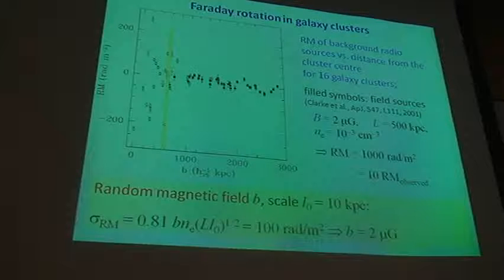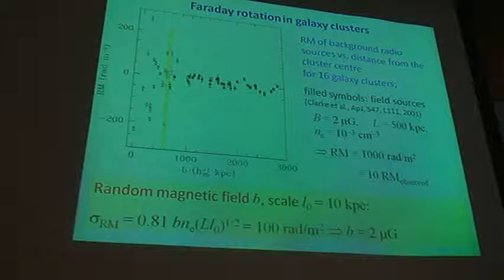Then, to calculate the expected RM, in fact, we should use again the formula we derived before. Or we can perhaps write this formula in a different way. So, sigma RM will be equal to this typical value of RM, this 1,000, RM naught, divided by the root of the number of turbulent cells along the line of sight.